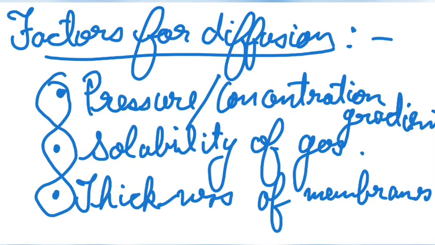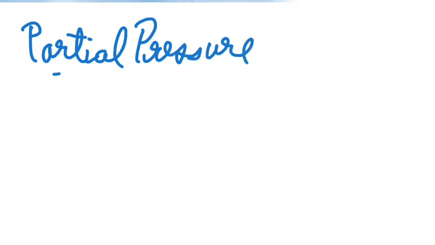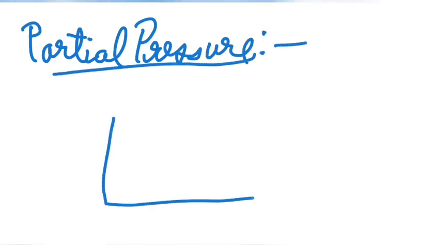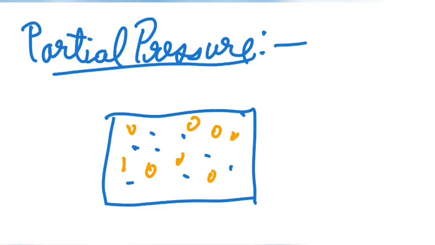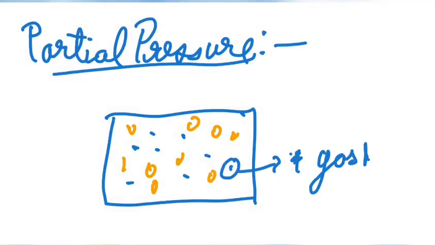Now, before moving further, let's first discuss what partial pressure is. Partial pressure of a gas can be defined as the pressure contributed by an individual gas in a mixture of gases. Suppose we have a box and we have two different kinds of gases, gas 1 and gas 2.